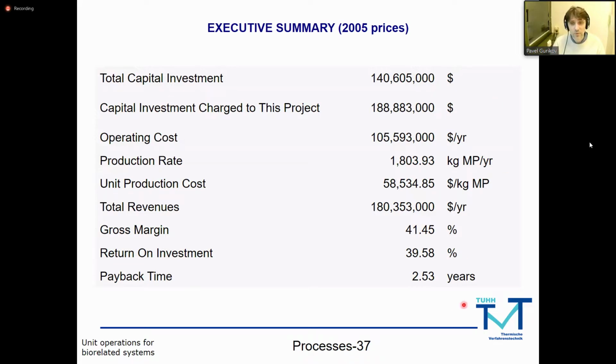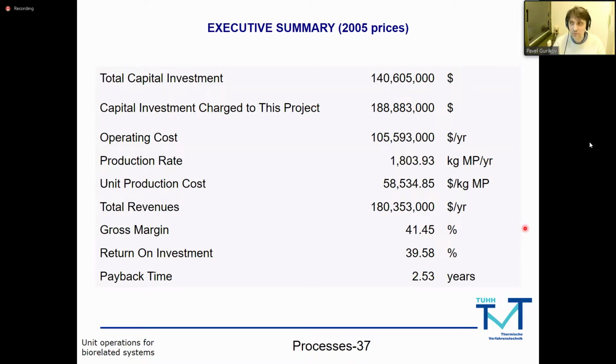Here, of course, this number is high because your total revenues exceed operating costs by quite some amount. So your gross margin is over 40%. Usually it's only possible when you work in biotech and towards pharma.